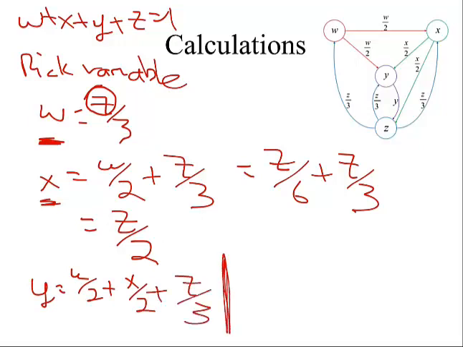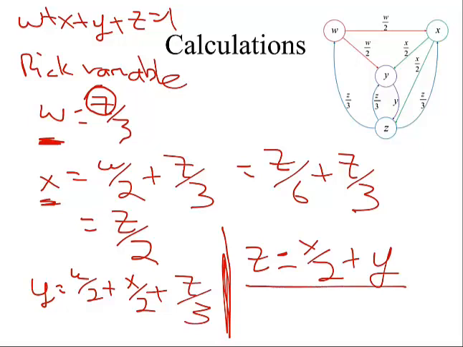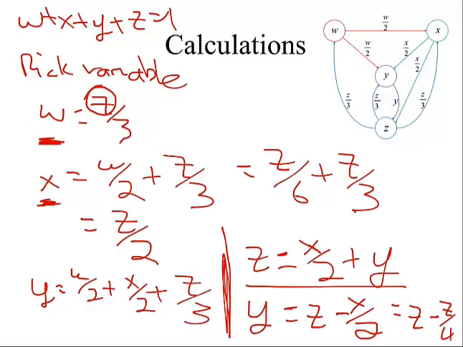But we know from the fourth equation that Z is equal to X over 2 plus Y. And this equation is actually much easier to work with because we already know X in terms of Z. And so therefore we can just say that Y is equal to Z minus X divided by 2. And since X is equal to Z over 2, that's just Z minus Z over 4, which is really just 3Z over 4.